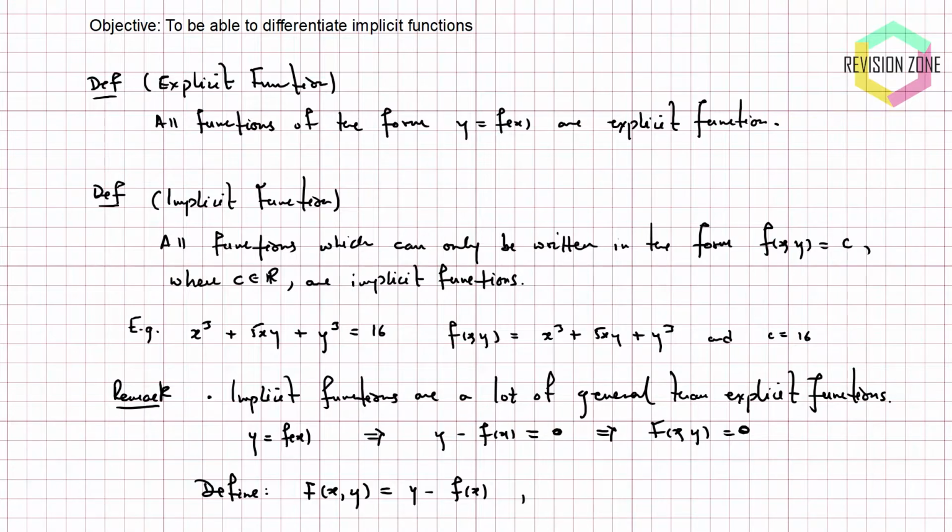And we can take c to be 0. So we've managed to go from an explicit function to an implicit function.